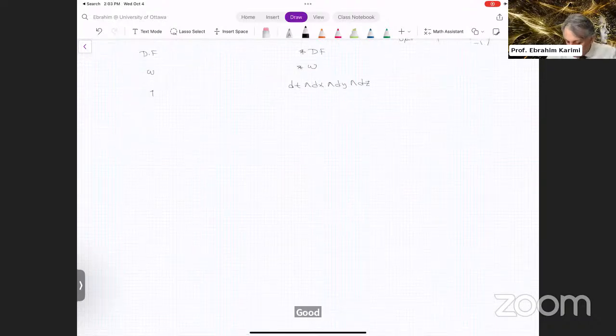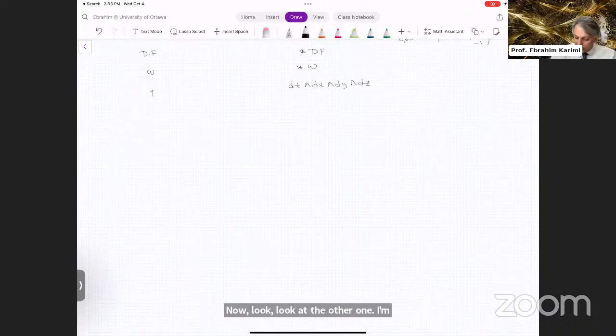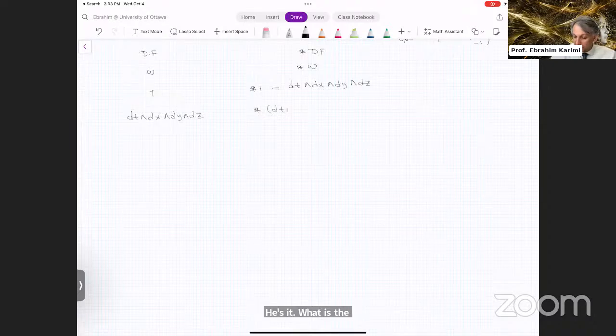Now, look at the other one. By the way, this is the star of 1, which is equal to that: dt, dx, dy, dz. What is the star of dt, dx, dy, dz? I want to see the result from you guys.